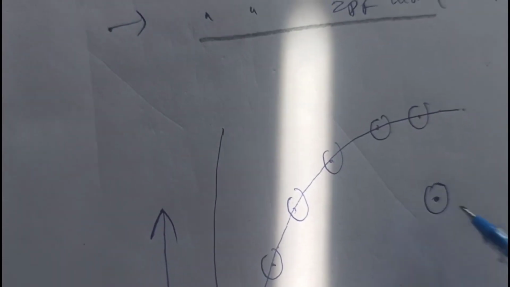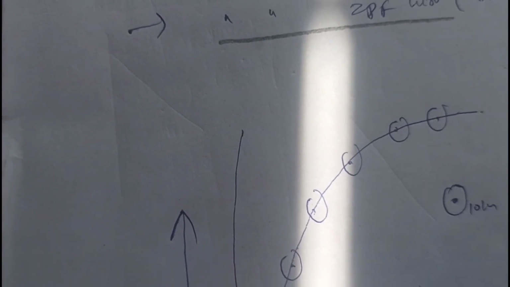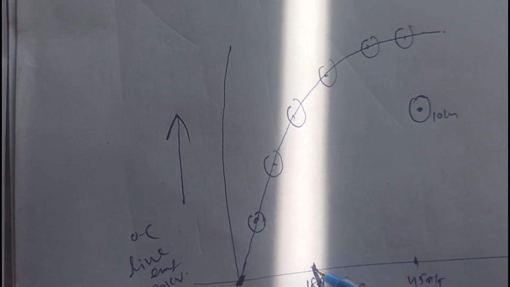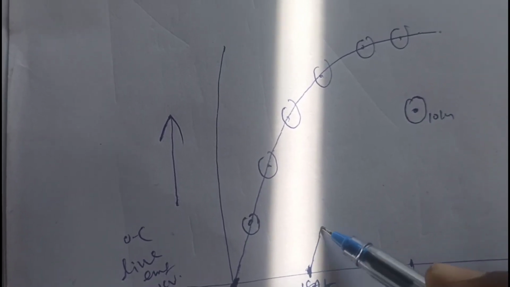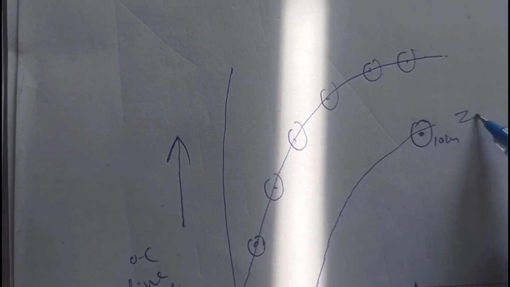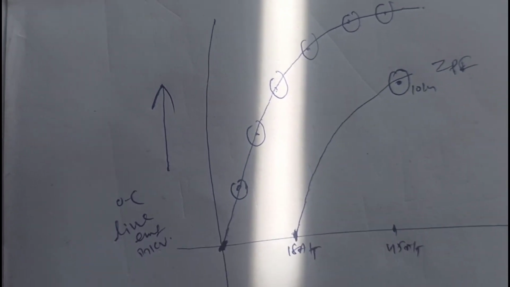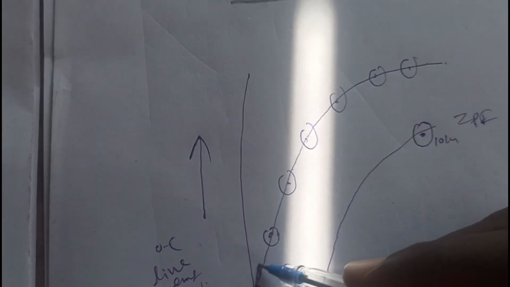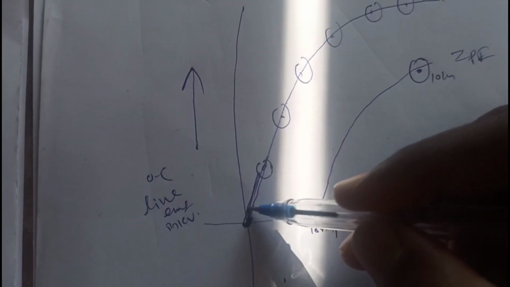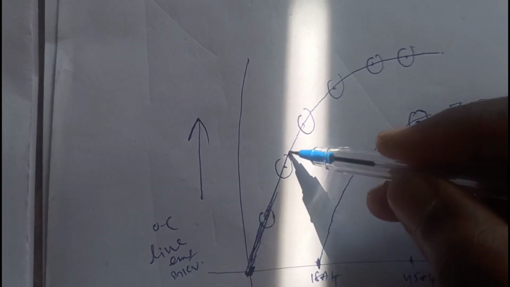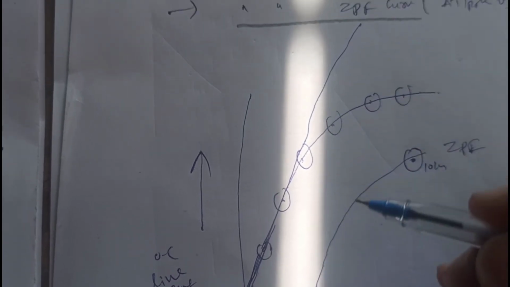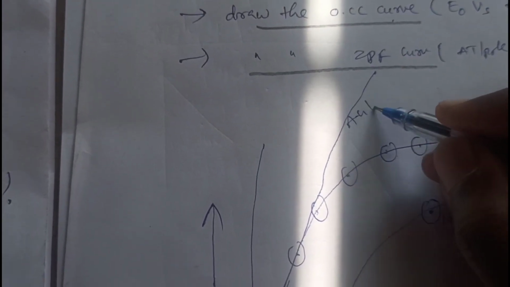So for example, this is the 10 kilovolts. Just join these two points, you got the ZPF. Next, simply draw one tangent line from the origin to the OCC curve. This is the tangent line, also called the air gap line.